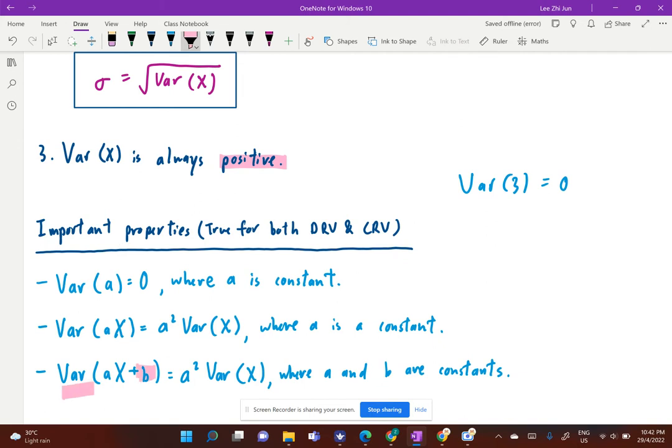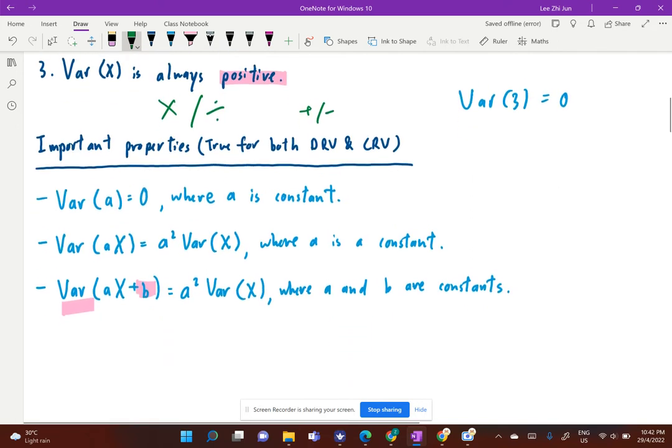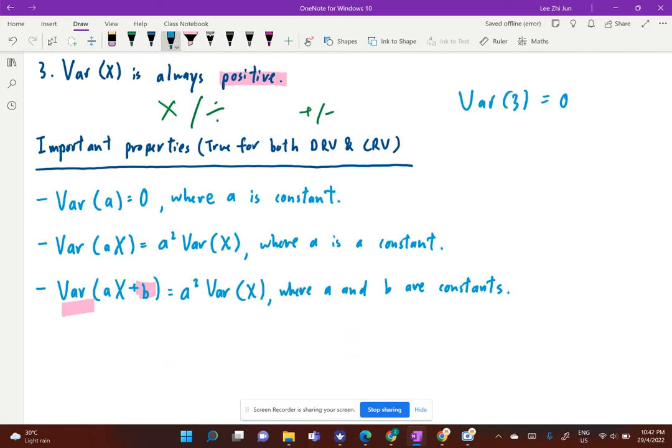It will be affected only by multiplying or dividing; plus or minus will not affect it. So in conclusion, Var(3X) will be 3 squared Var(X), which is the same as 9 Var(X).